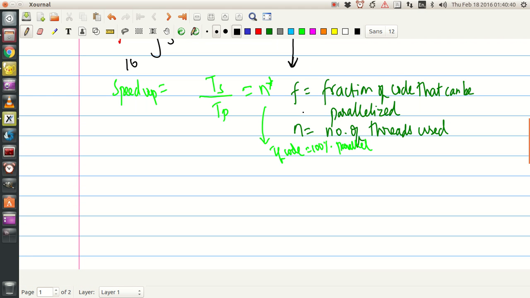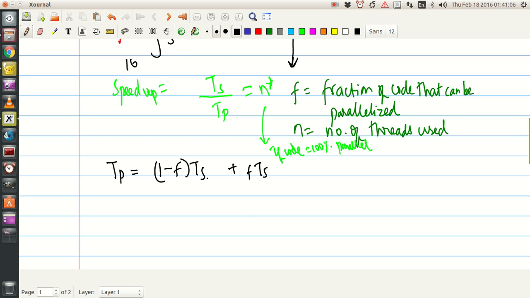So what happens is as follows. Let me write this in black. The time taken for your parallel execution is usually 1 minus f times the time taken for your serial, plus f times the time taken for your serial part.